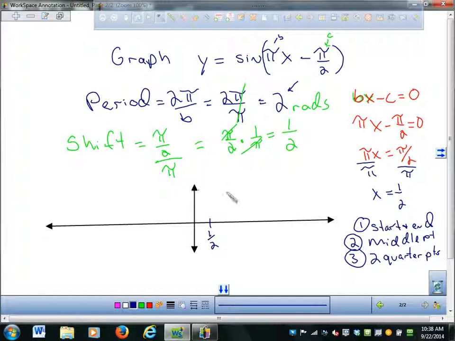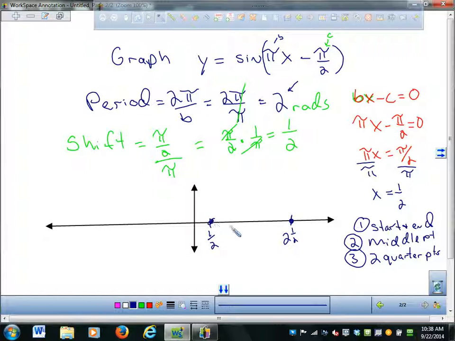So if I go 2 radians away from 1/2, where's my endpoint? At 2.5. So over here, I could put another point at 2.5. Easy enough? And since this is a sine function, it's going to start at 0 and end at 0. So I have these 2 points already.